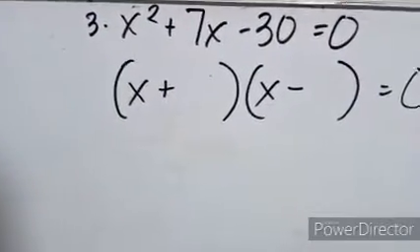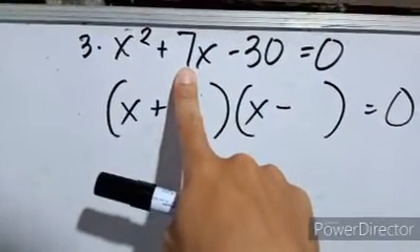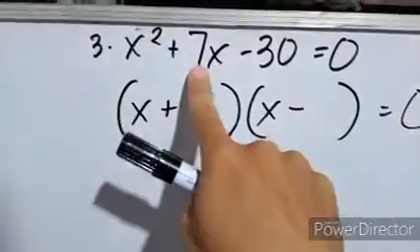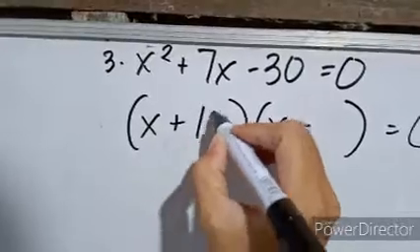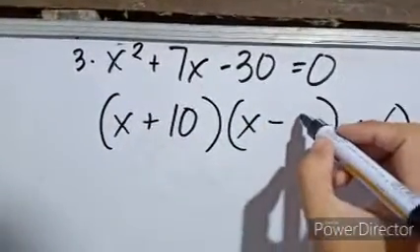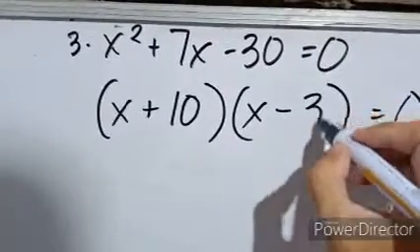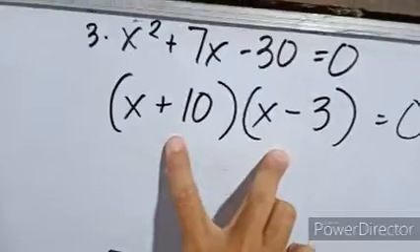Syempre, back on our days, ang sign sa middle term ang mag-determine kung alin ang positive at negative. Since this is positive, yung greater number natin ay positive, which is 10. And then, ang ating least or lower ay 3.